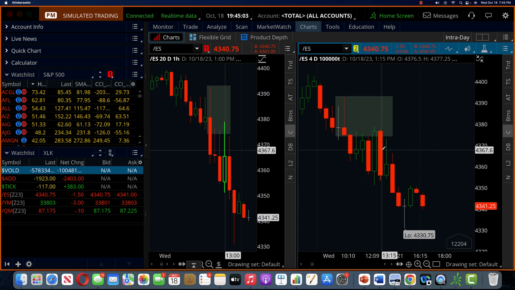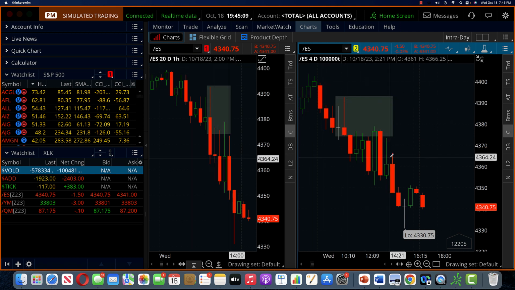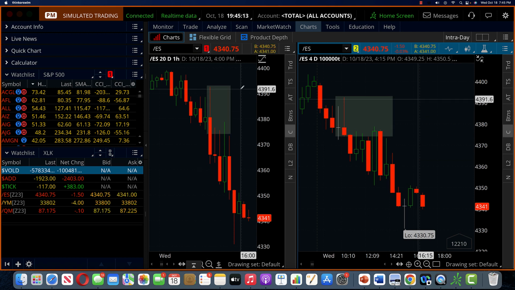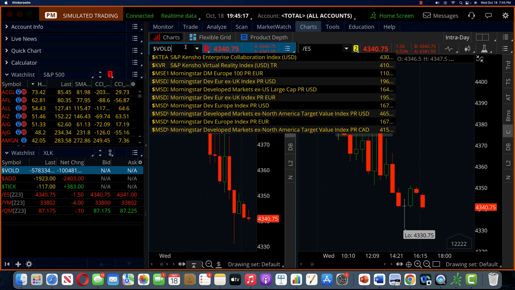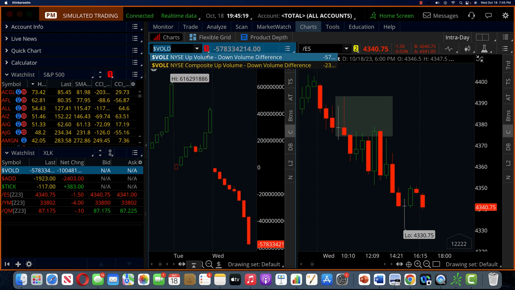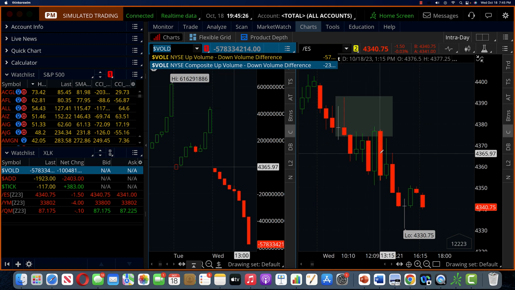All right. And then 4366 came around. This range happened in the afternoon. The market was still going down. VOLD was still going down at that point. VOLD was still negative, it didn't reverse, and I had this range intact.